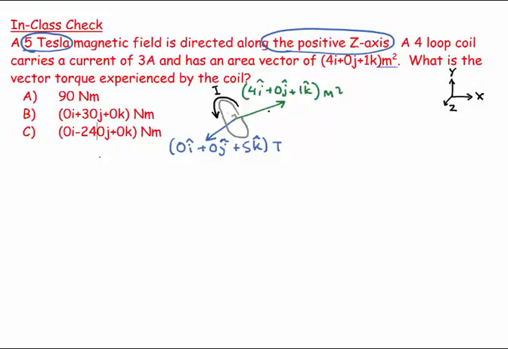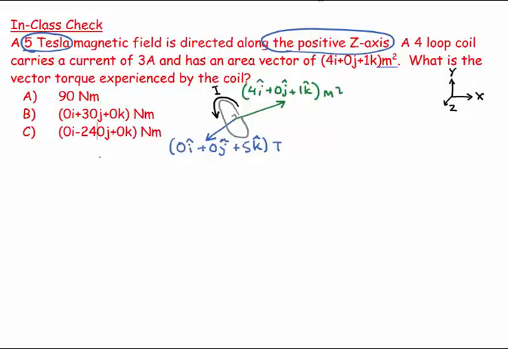Or you can look at it and say that current is going counterclockwise, which means my area vector is coming towards me. If the current was going clockwise, the area vector would be going away from me. Either way, it's important that you know how to do it. You want to get this the right way around, but with a bit of practice you can get it.